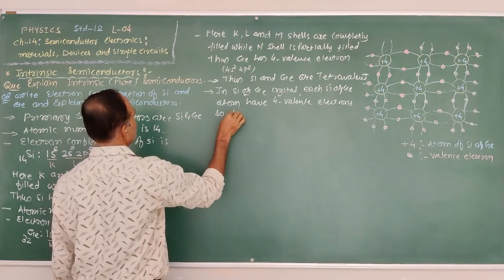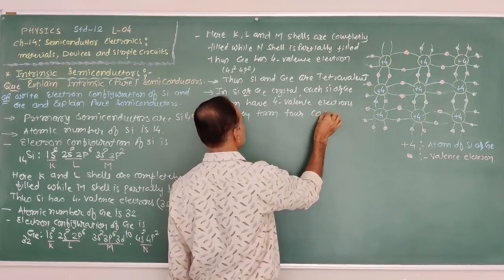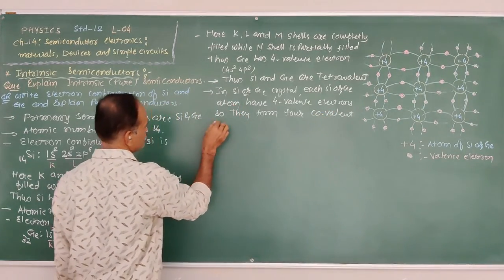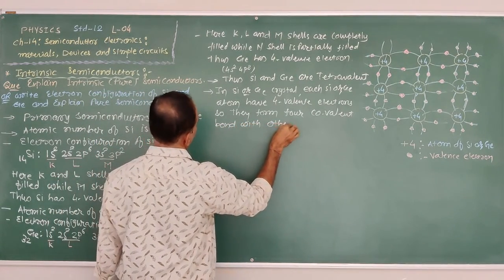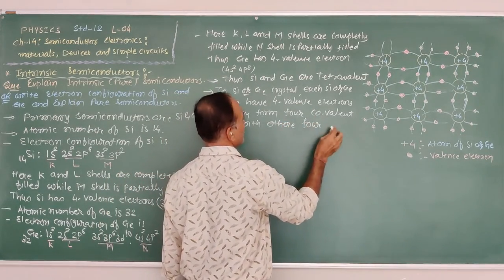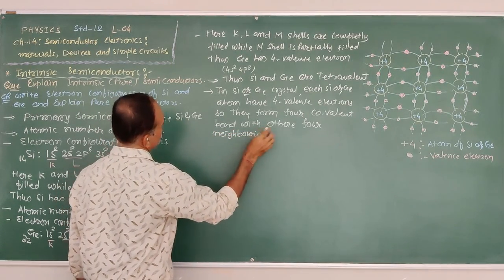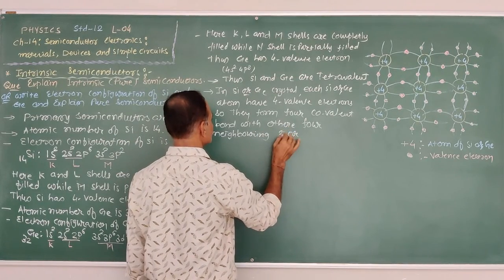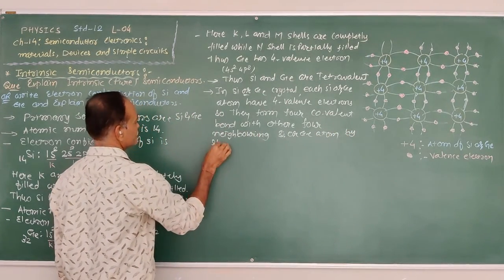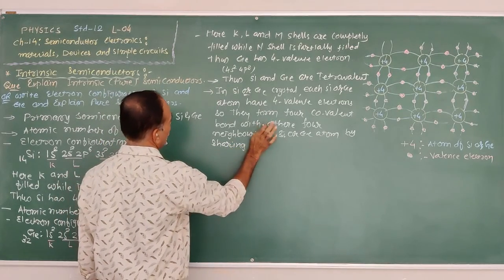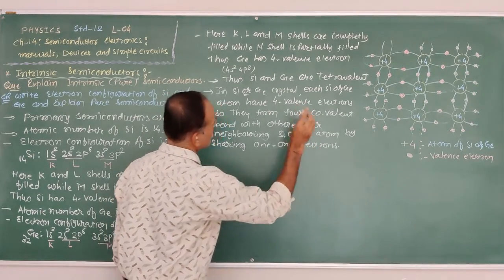So they form 4 covalent bonds with the 4 neighboring silicon or germanium atoms by sharing 1 electron.